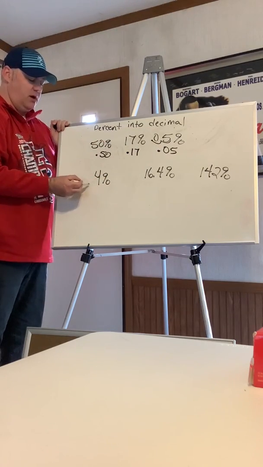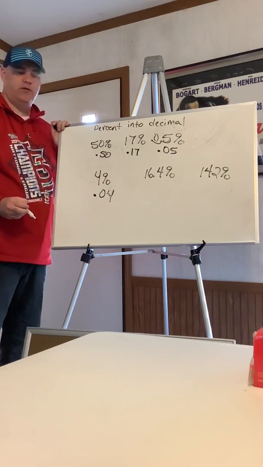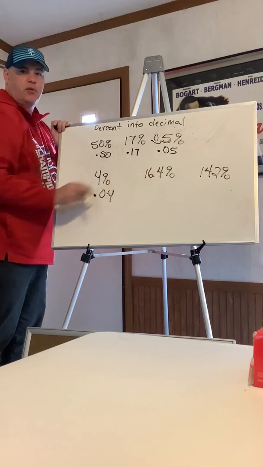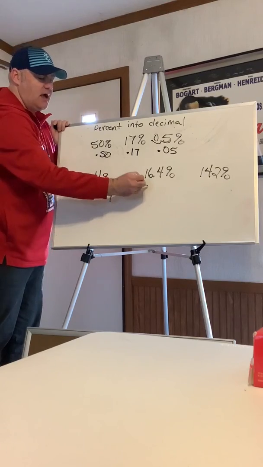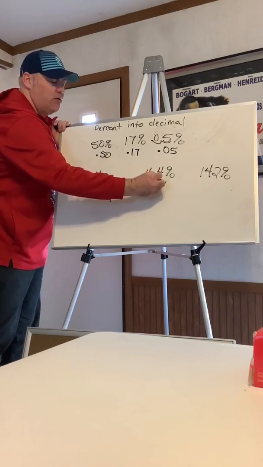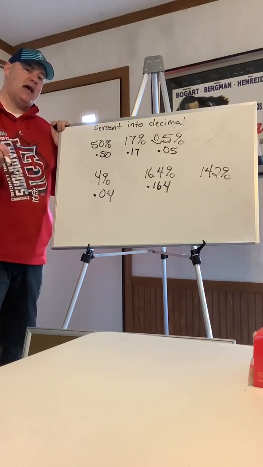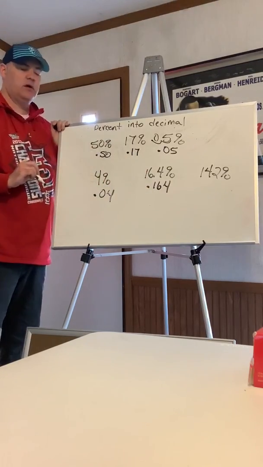You're going to move it twice, and you got 0.04. This one, the decimal's already there, 16.4, but you don't change your rule. You move it 2 to the left, and it's 0.164. 16.4% as a decimal, move it twice, is 0.164.